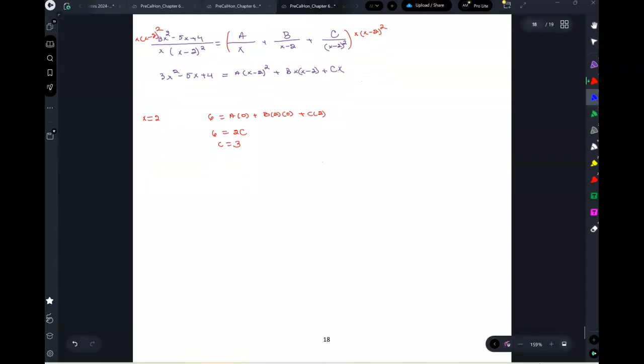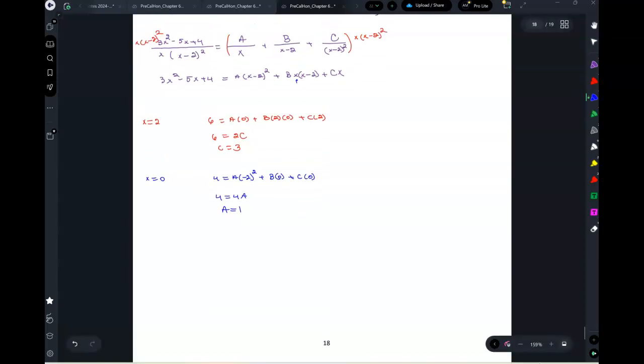Great. Now let's make the x zero. So 4 equals A times negative 2 squared plus B times 0 plus C times 0. 4 equals 4A, A equals 1. Now I'm out of numbers that make these terms zero.